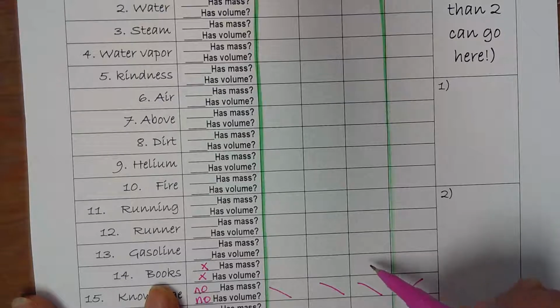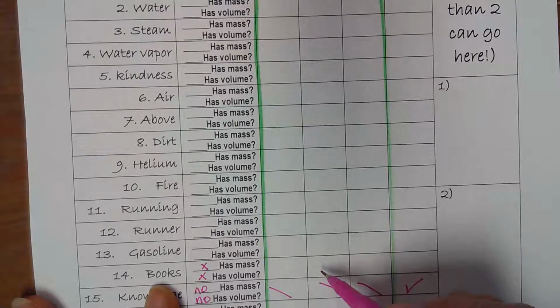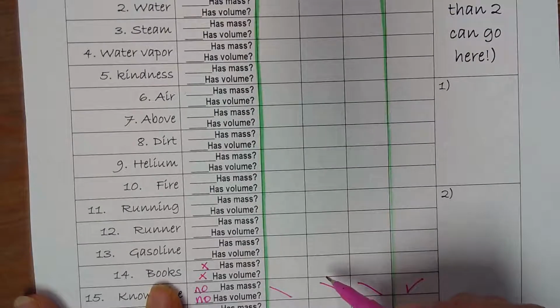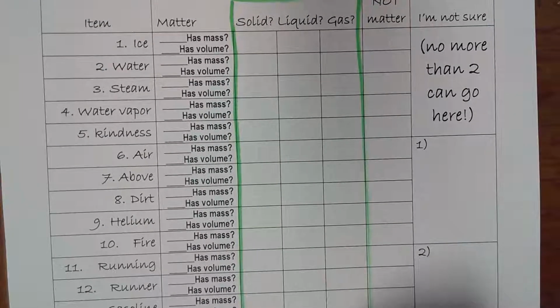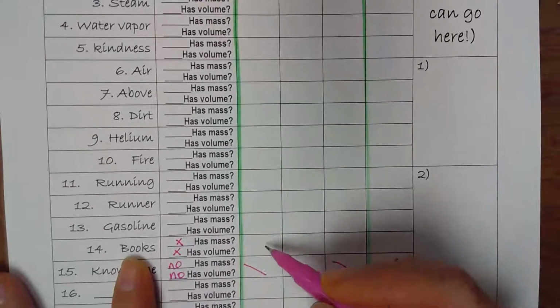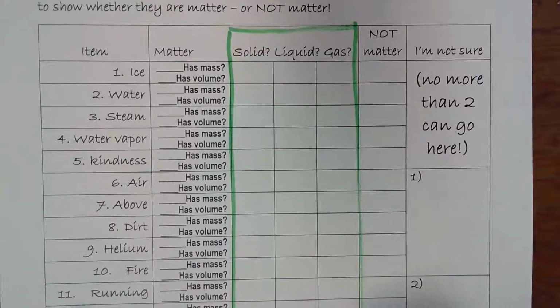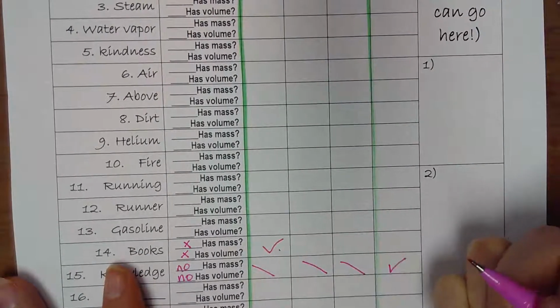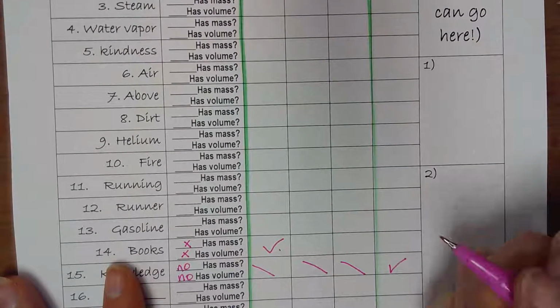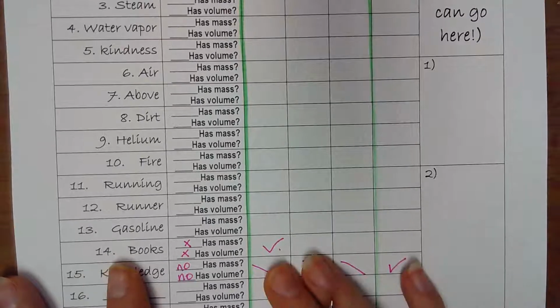Nope, so books are not a gas. Do I have to pour them into a container and they fill the container from the bottom up? Nope, so books are not a liquid. Are they solid? Well, yeah, you probably got there quicker than I did. So I don't need to mark anything else. I know that books are a solid.